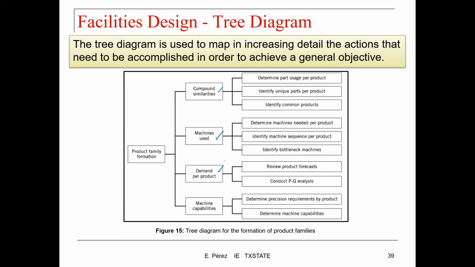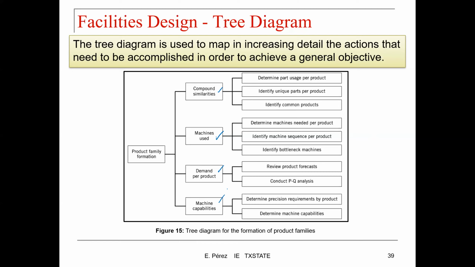This will be important in terms of assigning priorities to which families are going to be produced more often, for instance, or which ones will be produced first, and identifying the machine capabilities. So if we have a larger demand and we have a product that is selling the most, do we have enough stations and machines that can help us produce those products?